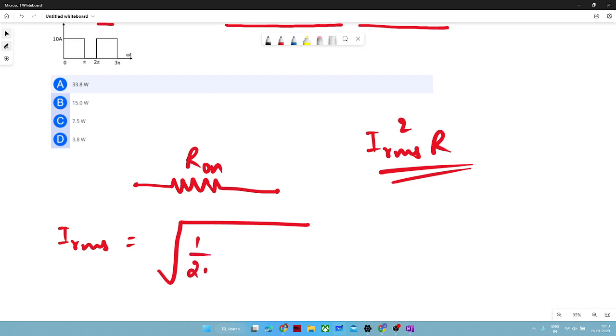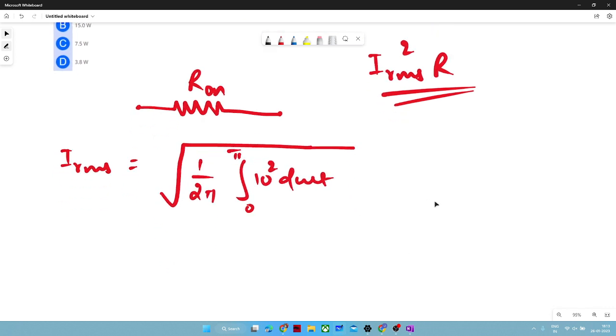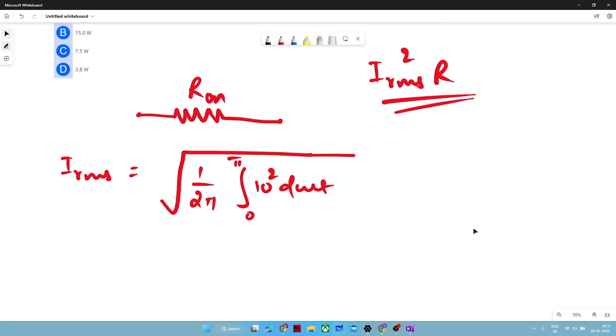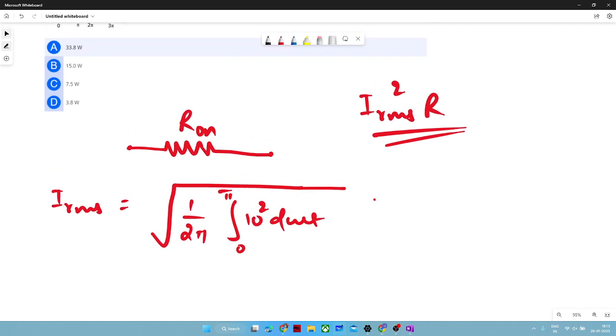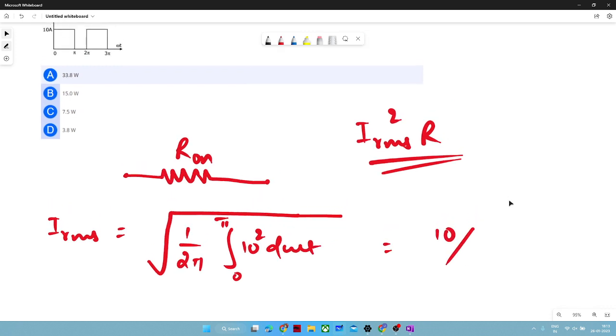So for I-RMS, let me find it: one over the time period, then the square of the current integrated dt from 0 to pi, and it is convenient to take it as d omega t since we are dealing in angular terms, and we will eventually get it as Im by root 2.